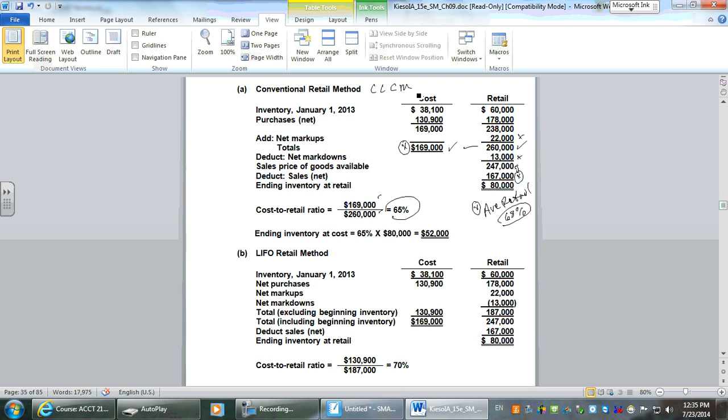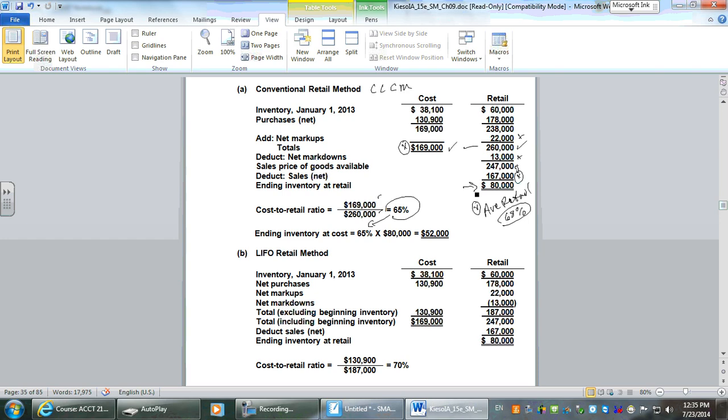All right, if I use the conventional, the lower of cost or market, I just take my 65% times whatever my ending inventory is at retail. So I'm doing everything at retail. By the way, how'd they get down to the inventory at retail? Yeah, be sure and take out the markdowns. You're going to take out the markdowns no matter what, right? You got to take them out to get to your inventory at retail.